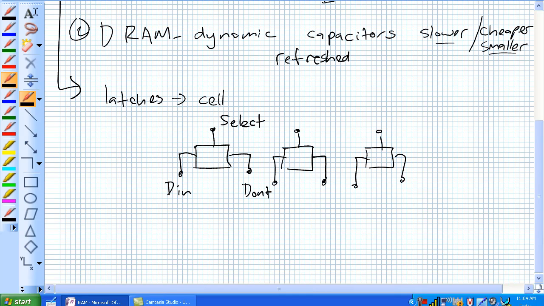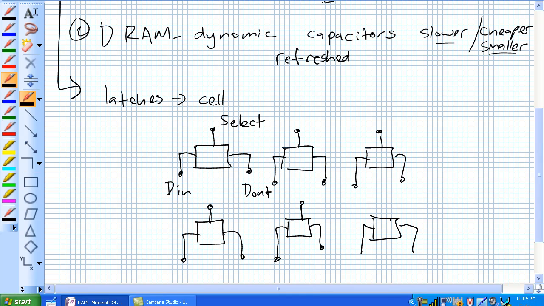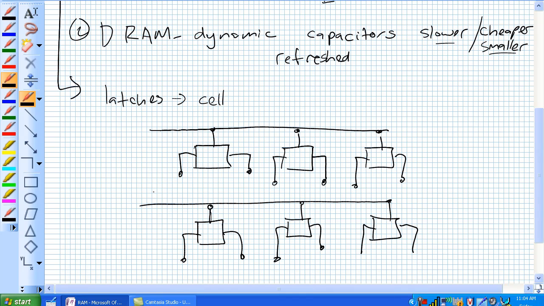Okay, so the select and how they're organized here is, again, they're still in our arrays. Here's a 3-bit row. And here's another 3-bit row below it. And we want to write to a 3-bit row. All the selects for a particular row are tied together.